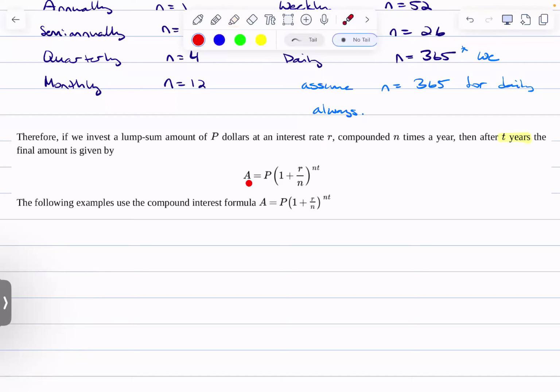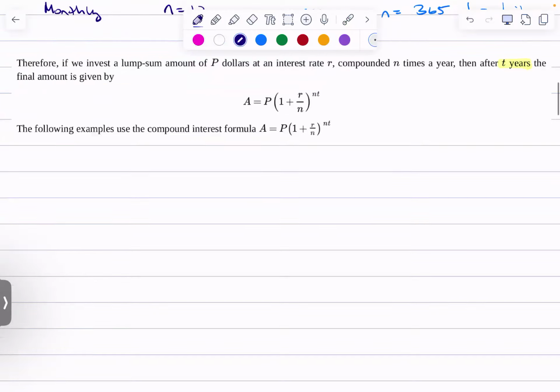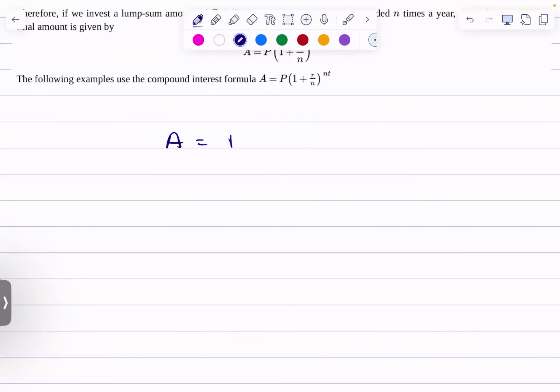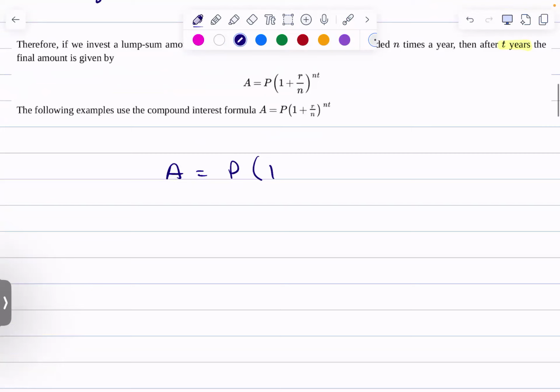Then the final amount, or the accumulated amount, is given by this formula. A, which is P, same old P, the principal amount that I've invested, but then it gets a little bit fancier because we're compounding. A equals P times 1 plus R over N, to the power of N times T.